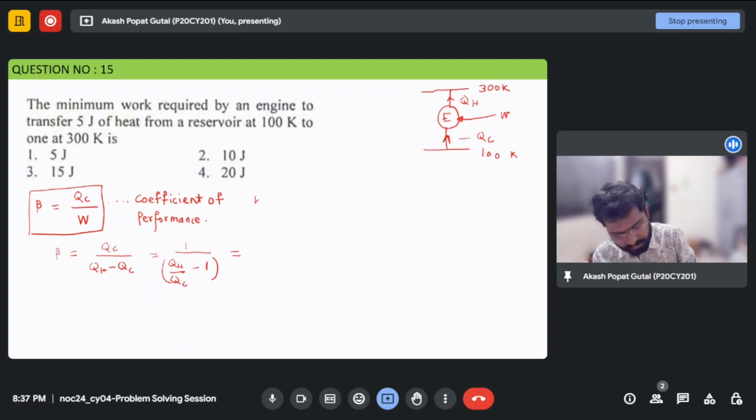And the efficiency is nothing but 1 minus QC by QH, so this becomes 1 by eta.